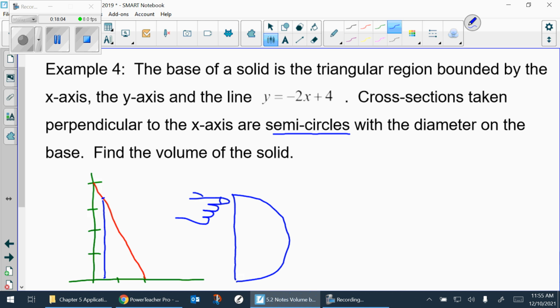Now this distance from the line down to the x-axis is some measurement of y, and it keeps varying. But if I'm looking for the area of this semicircle, I'm going to have to take this distance, which is y, and turn that into a radius, and I believe the radius of my semicircle is going to be y over 2.